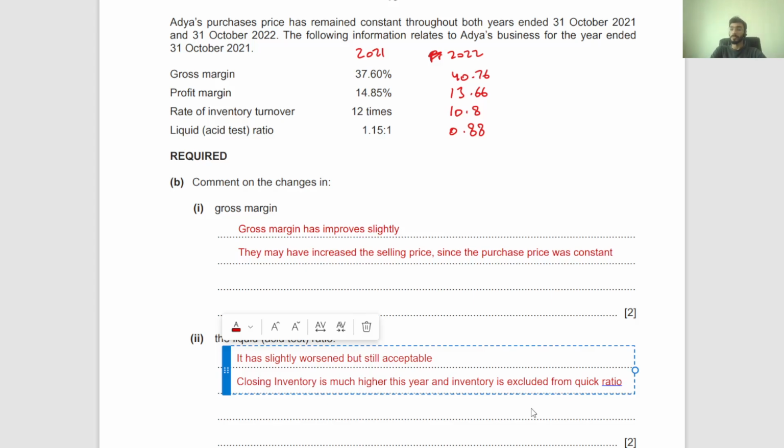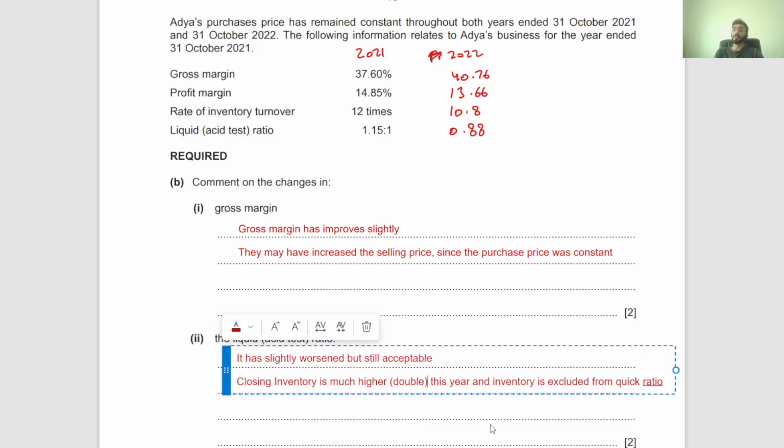Closing inventory is much higher this year compared to the last, because if you remember the opening inventory, which was the closing of last year, it was half, or we can say the closing is double what it was last year.